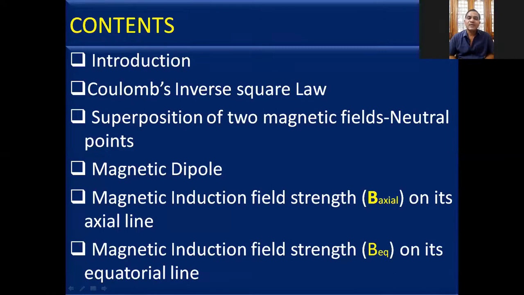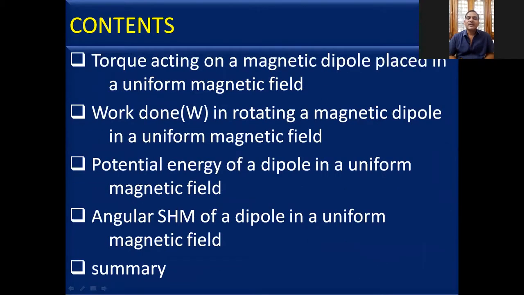Then we will cover what is a magnetic dipole and the magnetic induction field strength on the axial line of a magnetic dipole. After that, the magnetic induction field strength on its equatorial line. After that, the torque acting on a magnetic dipole when it is placed in a uniform magnetic field.